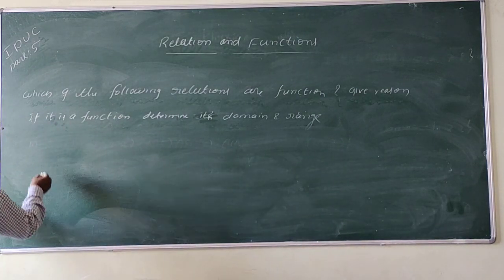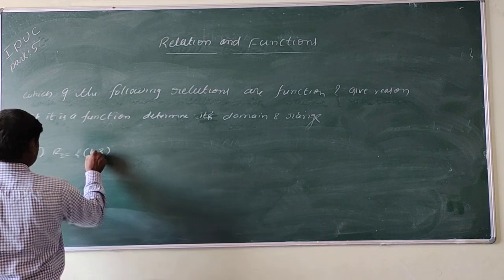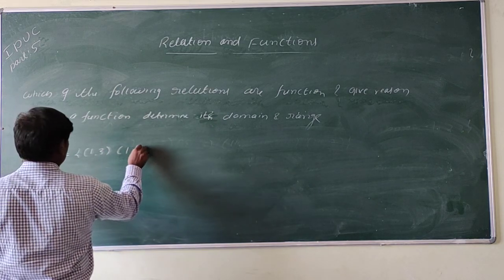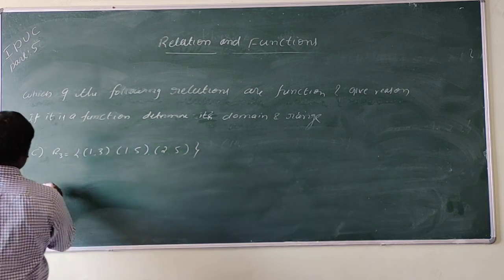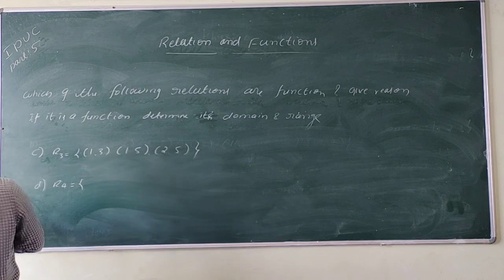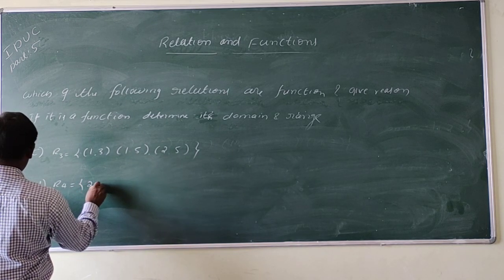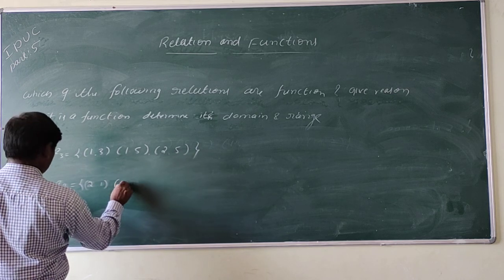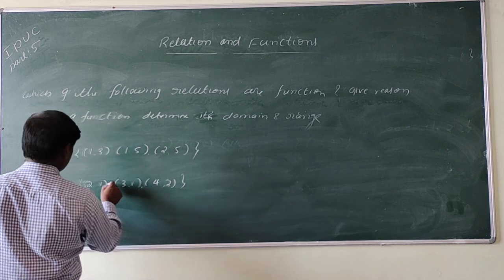The third problem, R3 = {(1, 3), (1, 5), (2, 5)}. And R4 = {(2, 1), (3, 1), (4, 2), (4, 2)}.